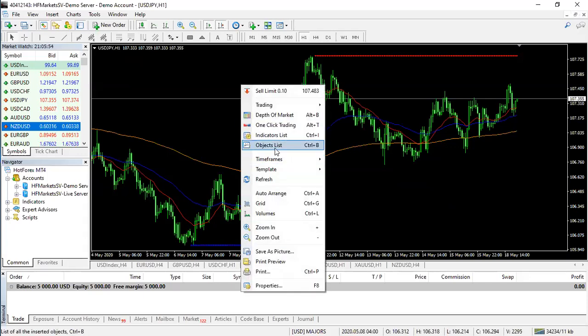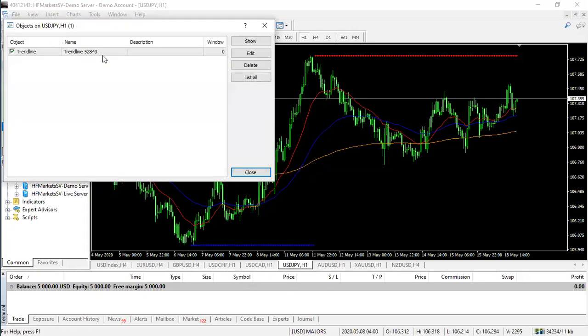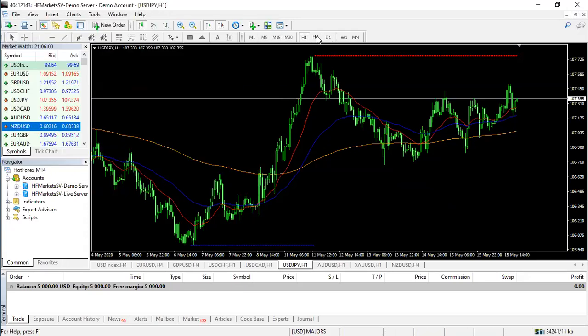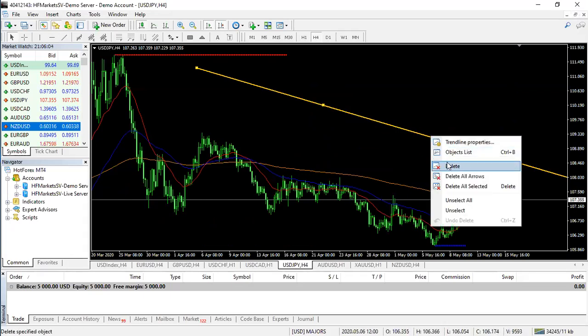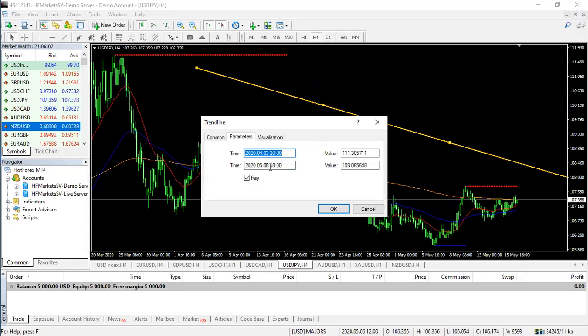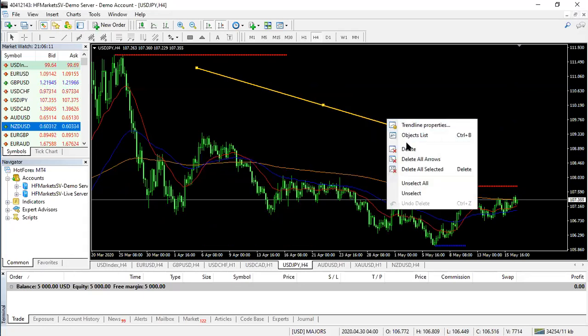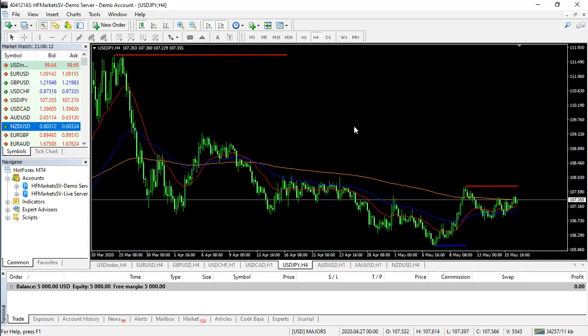Copy a trend line. So I'm just going to delete it either way. So yeah, if you want short, actually, trend line properties, ray. So you see, okay. So any questions? 3 minutes to go.